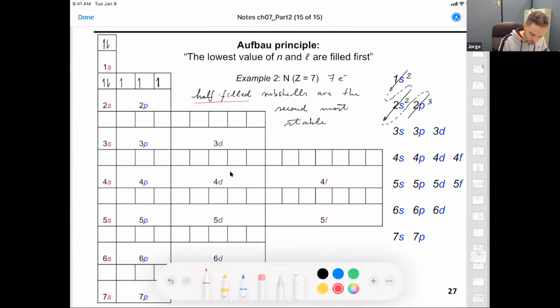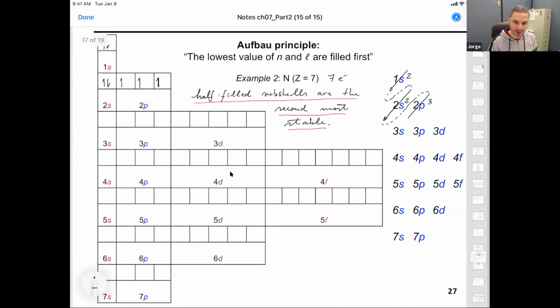Okay, it is not as stable as a full subshell, but it's not that bad. It has some sort of stability. However, it will tend to complete to fill up the shell. Okay, and each electron here will have a unique set of quantum numbers.